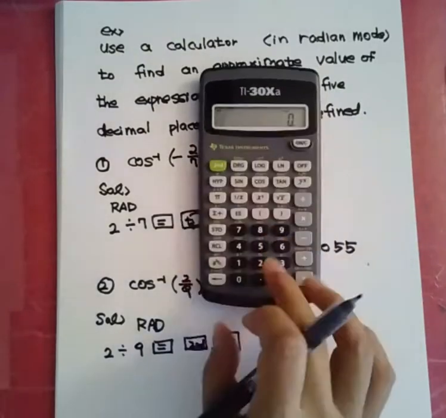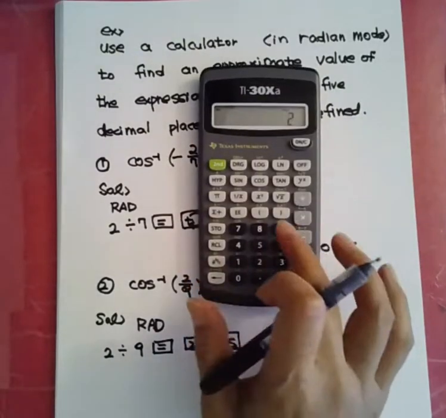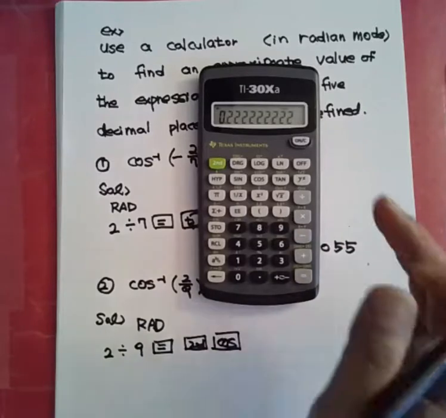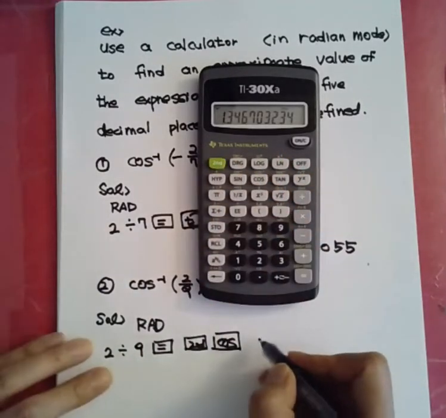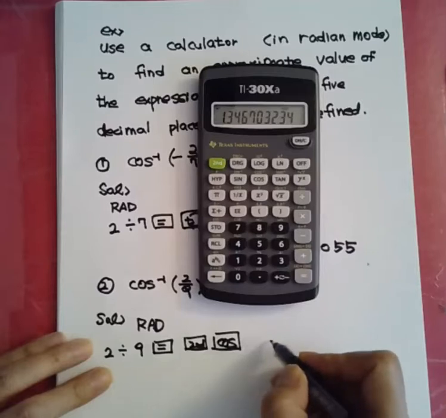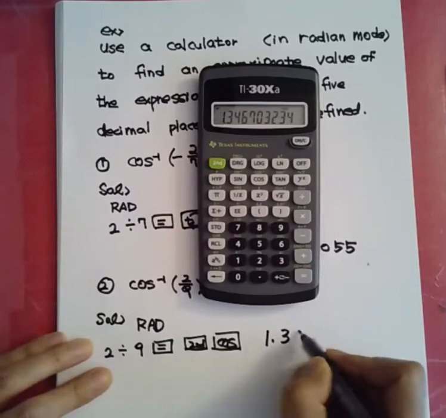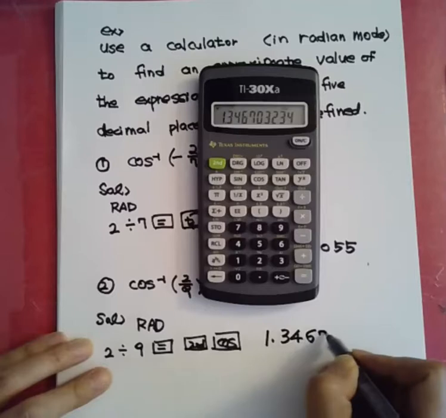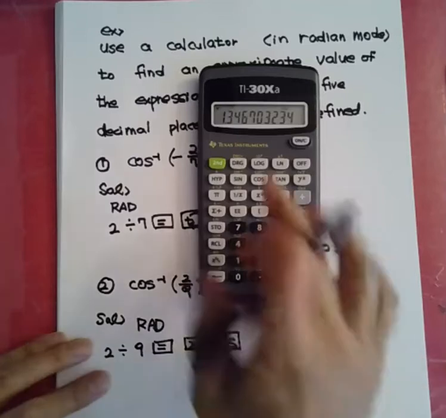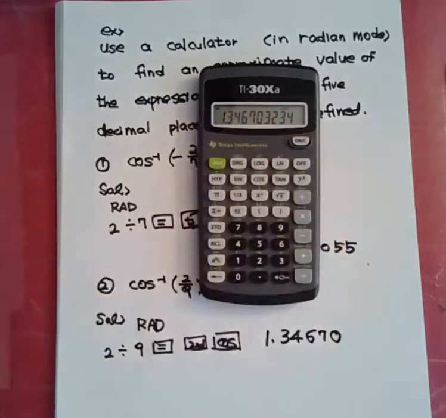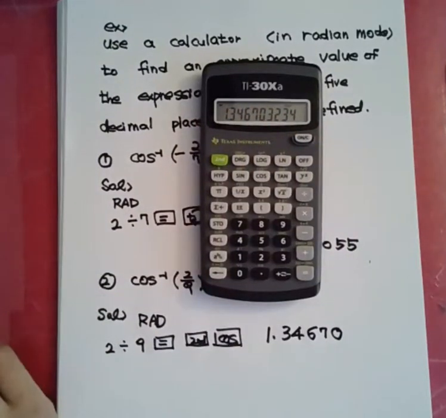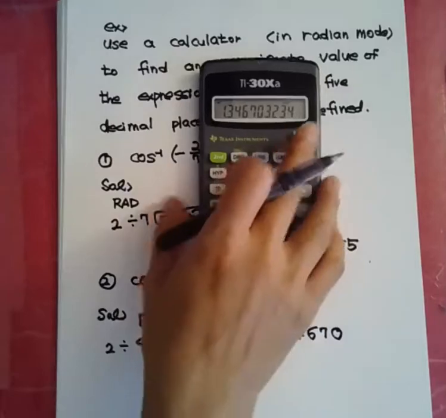Let's do that. 2 divided by 9, and then second cosine. That's approximately 1.3467. After 0, that is 3, so that is less than 5, so we don't round up.